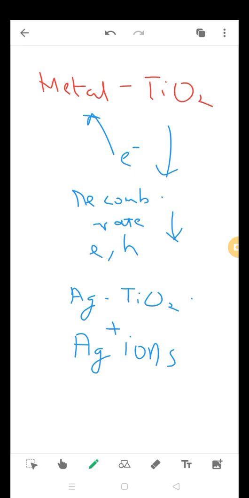So a composite of these two materials can form.